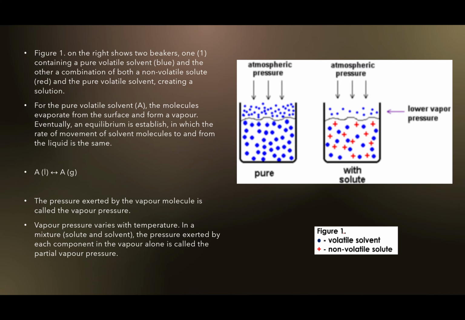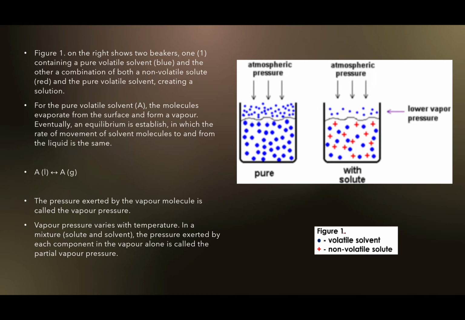So A in liquid form, you're going to have a double arrow, and then that would give us A in the gaseous form. So it's a dynamic physical equilibrium. The pressure exerted by the vapor molecule is called the vapor pressure, and vapor pressure varies with temperature.